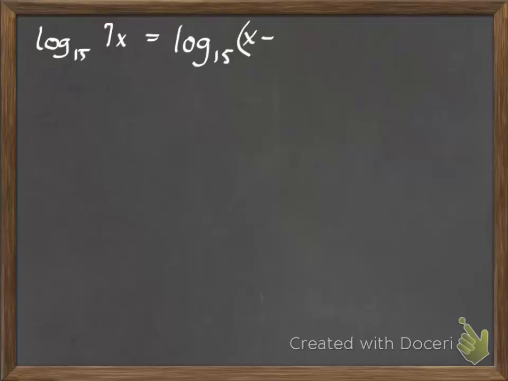Let's do one more. So, what's step 1? Put them equal to each other. 7x equals x minus 18.